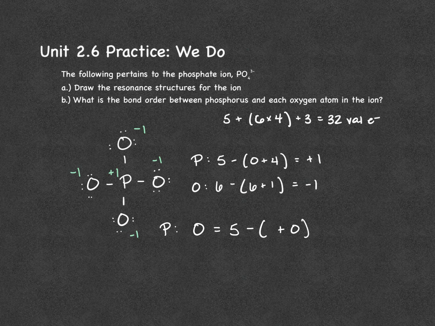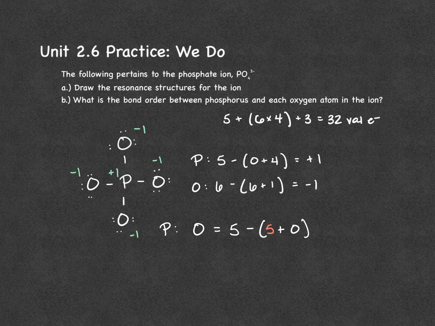Because I have no lone electrons on my phosphorus. So it all comes down to my bonds. So in order for my formal charge on phosphorus to be 0, I have to have 5 bonds. So let's give that a try.